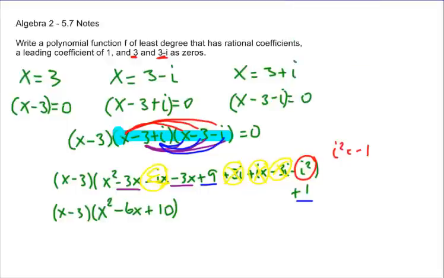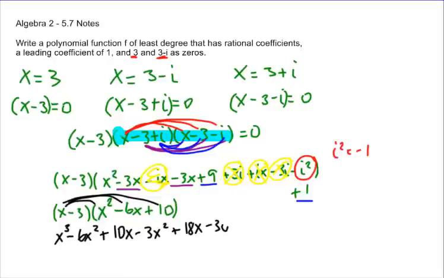And then all I need to do is multiply out the first term with the last term again. So x cubed minus 6x squared plus 10x, and then minus 3x squared plus 18x minus 30.